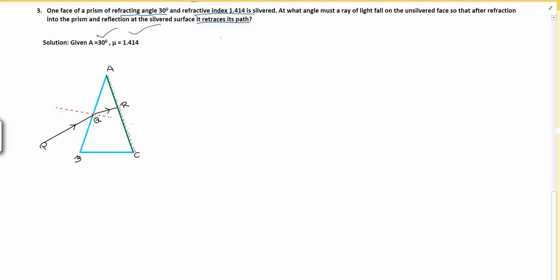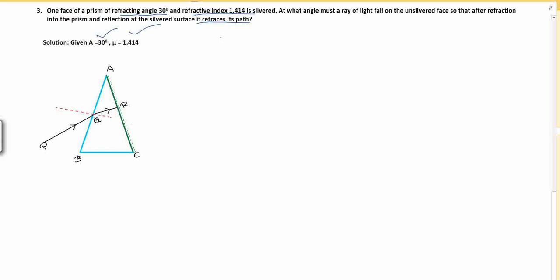Now see, this is the diagram. We know that in a prism there are two refracting faces, this face AB and the face AC. According to the question, one face, that is the face AC, is silvered.